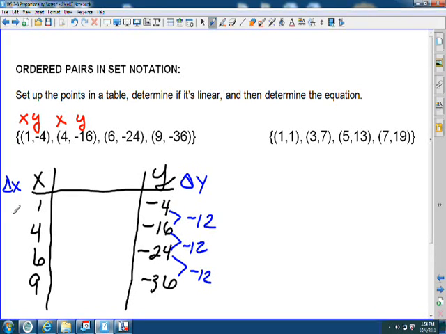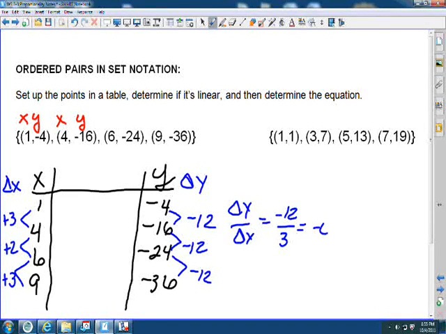Delta x, the change right here is plus 3, plus 2, plus 3. Uh-oh. Right here I've got delta y over delta x. Negative 12 over 3 is negative 4. The next one, negative 12 over 2 is negative 6. These are not the same.